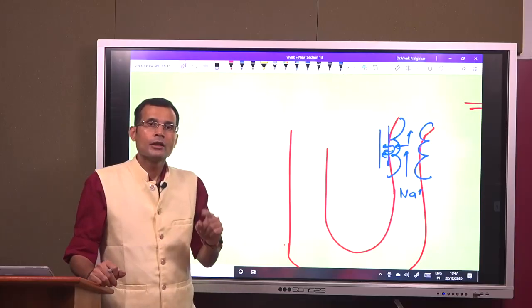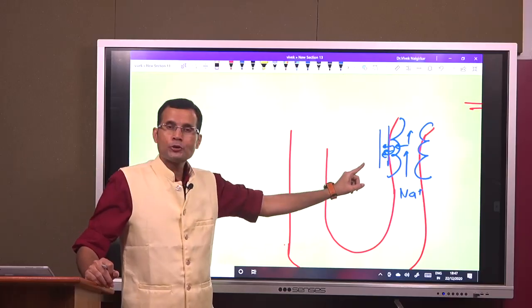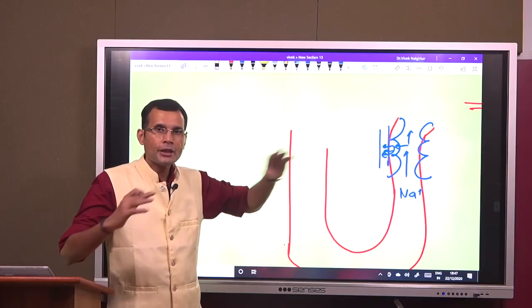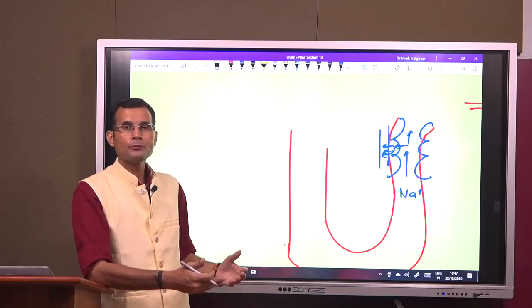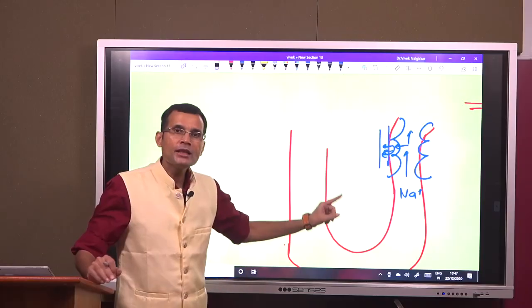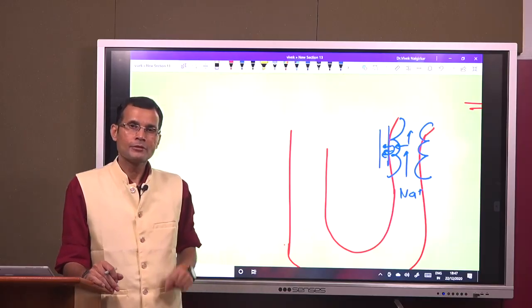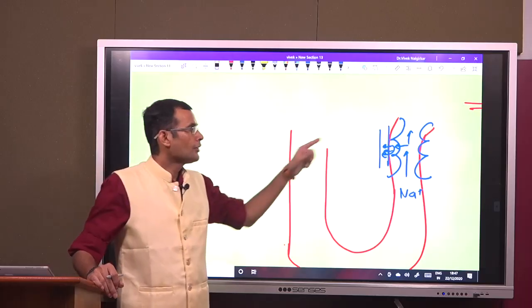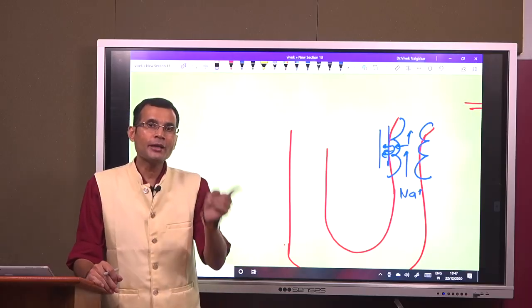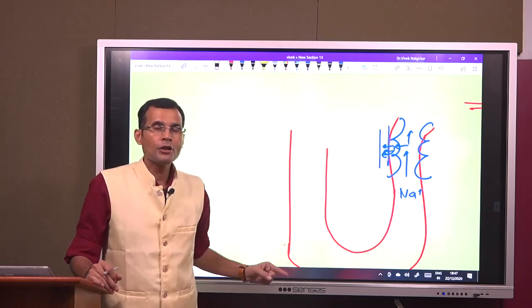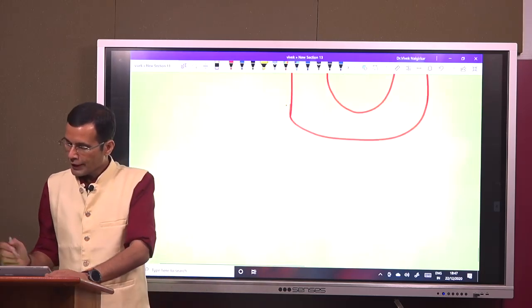And then, as sodium reabsorption goes on happening, in increasing amounts, that means increased activity of the sodium potassium pump, right? Increased activity of sodium potassium ATPase means what? Increased breakdown of ATP.